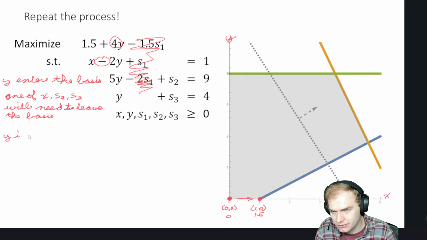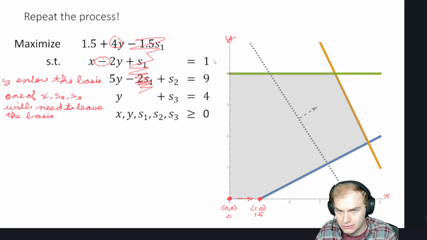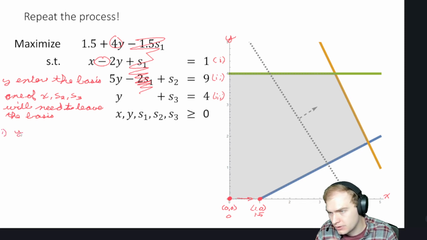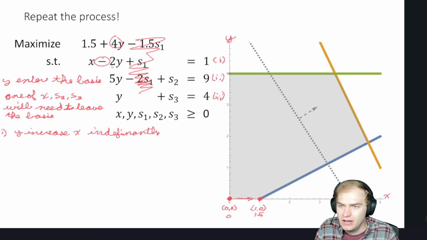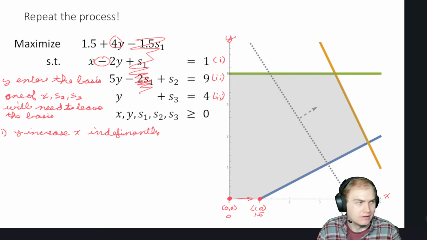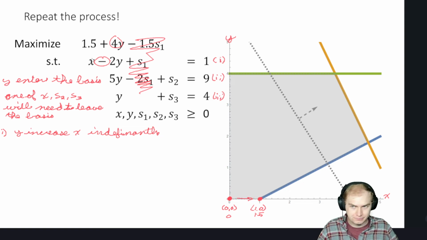So the first constraint increases x indefinitely. And we'll notice that that's because there's a negative sign on that coefficient.